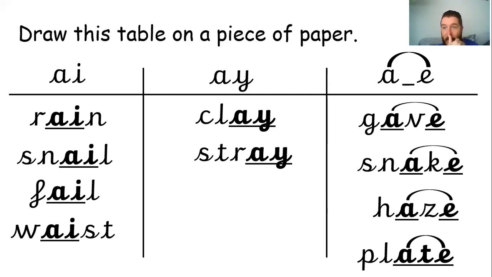Think about where the A is. Okay, crayon. Where's it going to go? It's A-Y. Because that A is at the end of the first syllable, cray, isn't it? We always use an A-Y at the end of a syllable. C-R-A-Y-O-N.